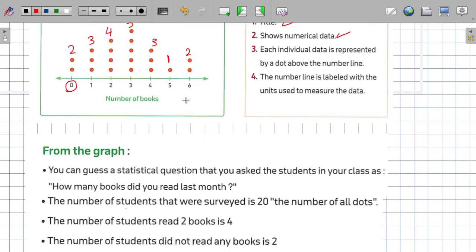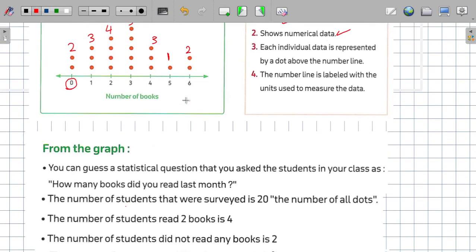So I have 20 students were surveyed in our questionnaire.